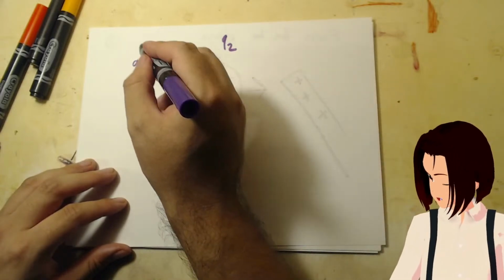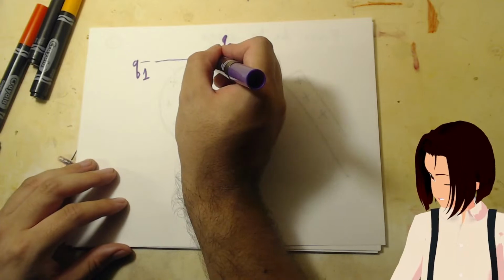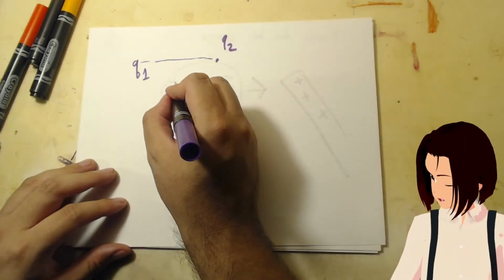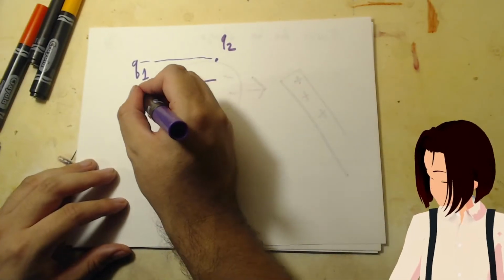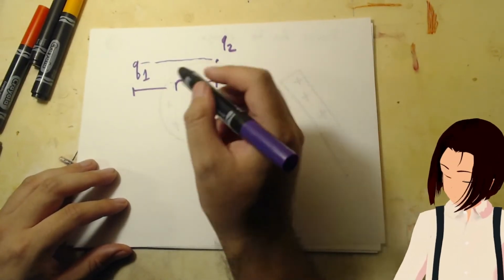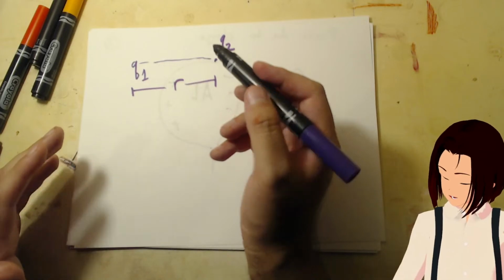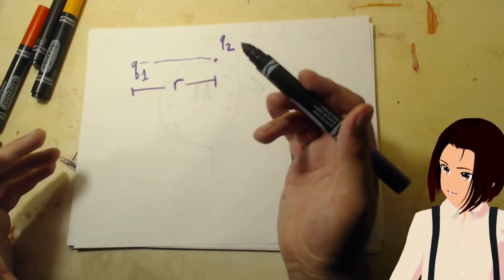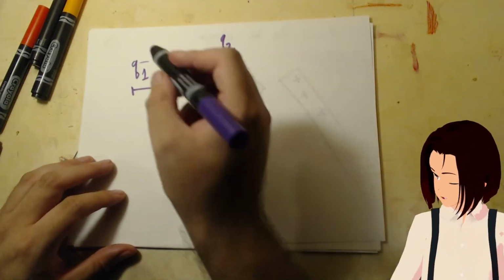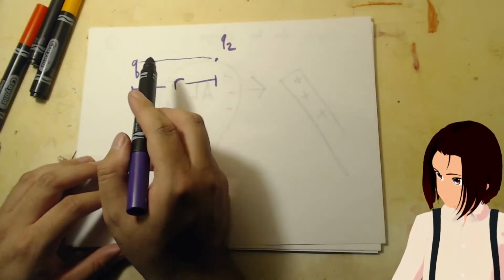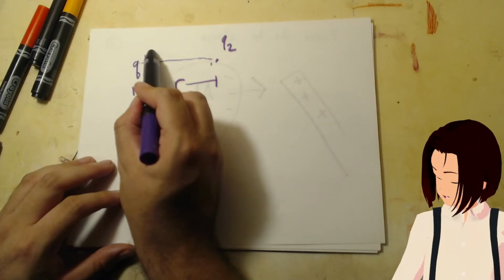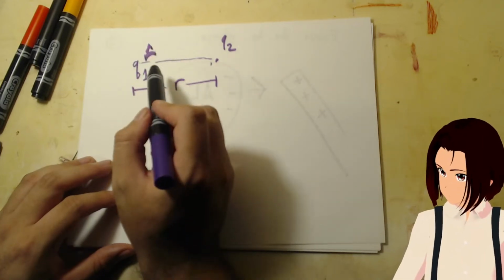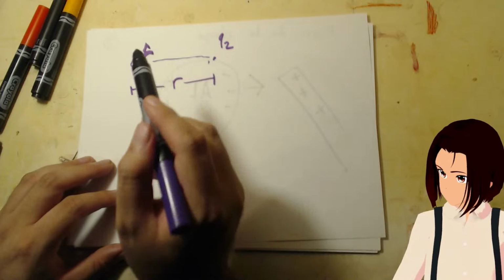And what we have here is a distance that separates them. We're going to call it R. This distance separates both charges. Now, don't forget, we're going to talk about vectors. So the direction from here to here, we're going to have a direction, R hat.